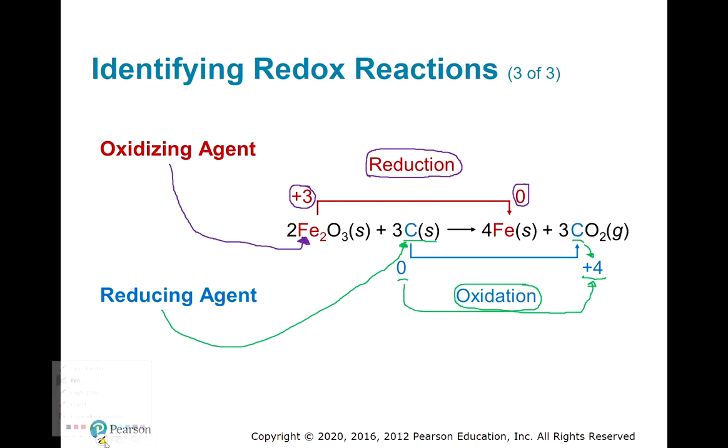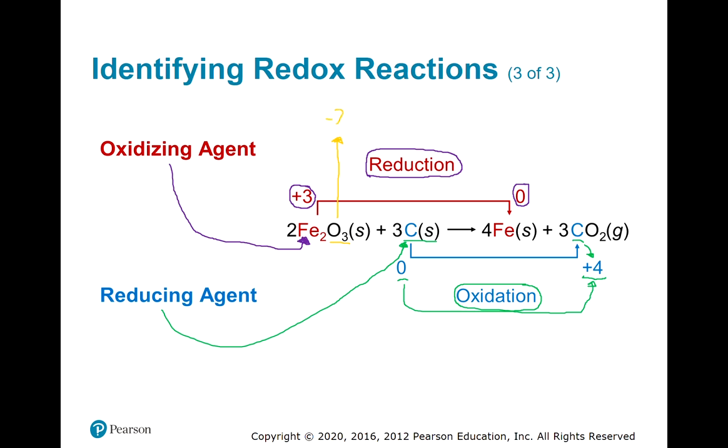Now, it's worth pointing out that in a redox reaction, not every element needs to change oxidation numbers. As long as one element changes oxidation numbers and another also changes oxidation numbers, we can have a third element where that doesn't change. So to point that out, we're going to look at oxygen.